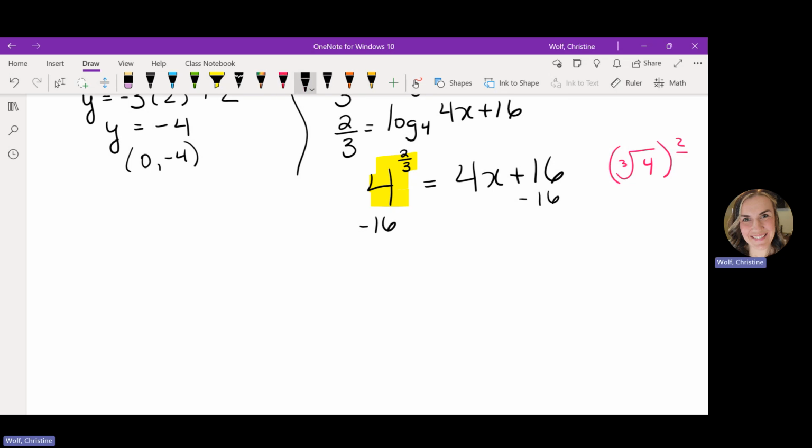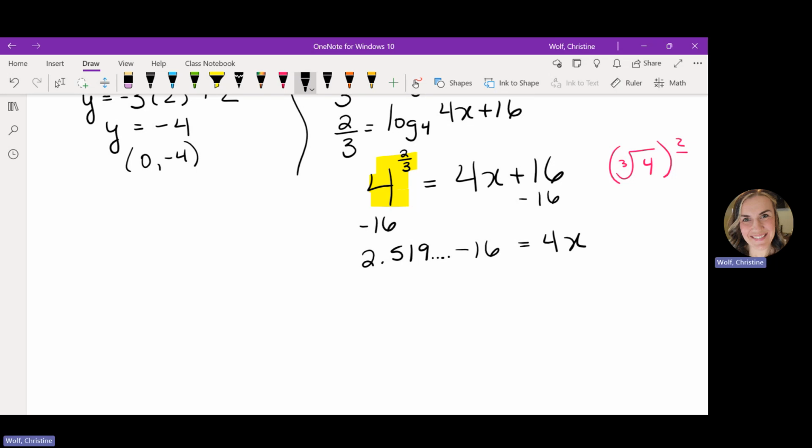And when you do that, you should get 2.519, etc. But remember, you still have to subtract 16 from that. I haven't subtracted the 16 yet. You can even keep that in your calculator and subtract 16 off of that. I don't have that number written down on my sheet.